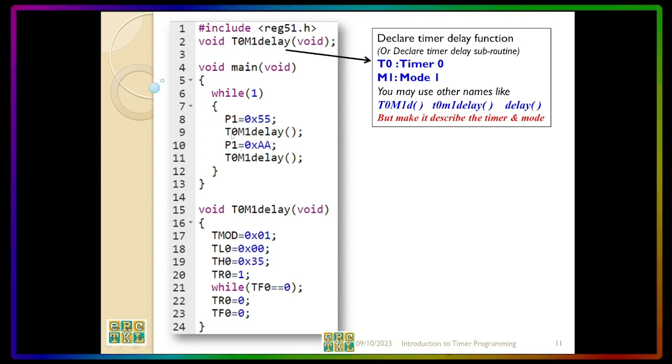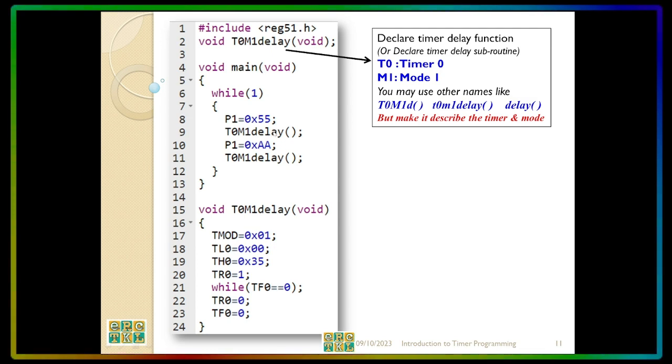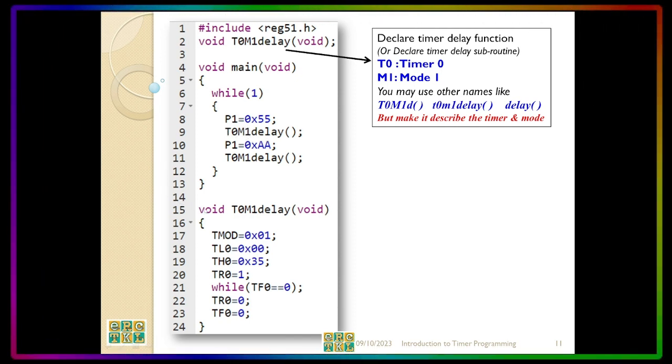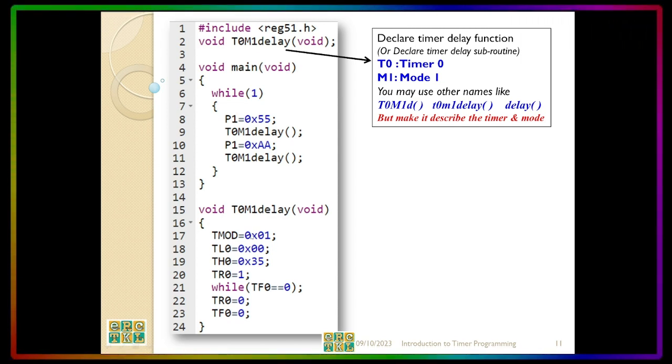But the delay name now is not only a for loop or MS delay. Instead, this time we are using the timer delay function. So line number 9 will call line number 15 and it will run the following. Number 17, it will tell what mode you are using or what timers we can use and what modes we can use.